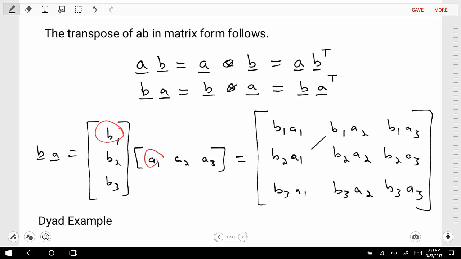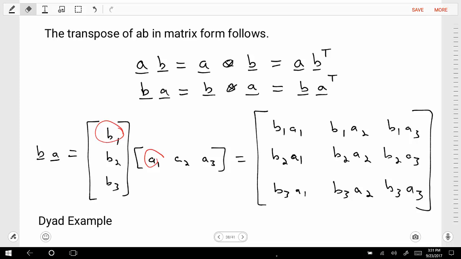We've literally transposed the terms of this dyad tensor by simply switching the order of the vectors, right? And remembering that we're going to be transposing one of these terms to actually form a proper tensor here, right? So that's actually pretty cool.